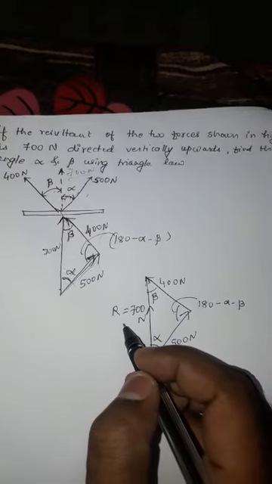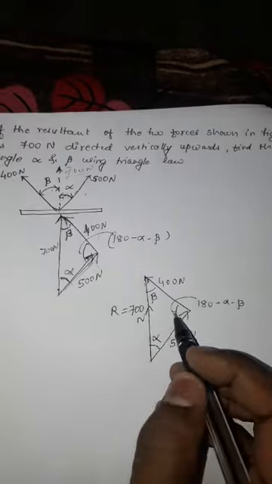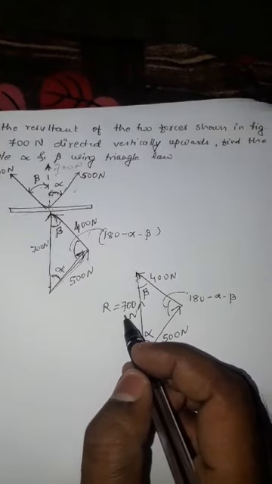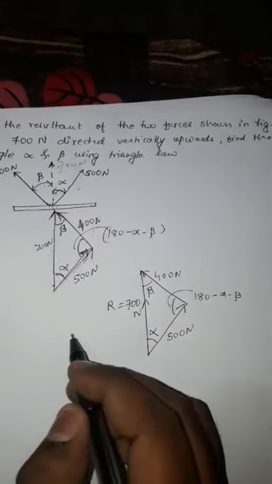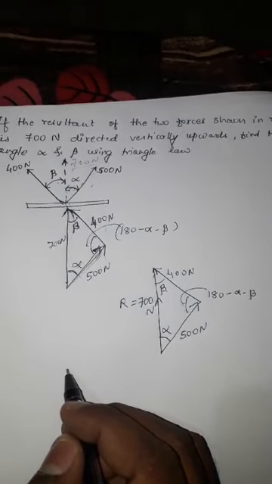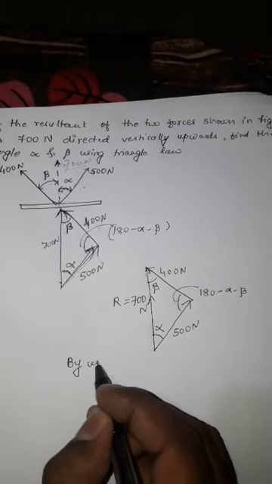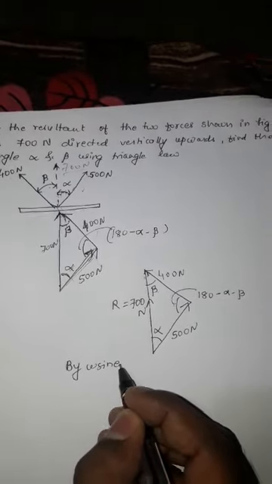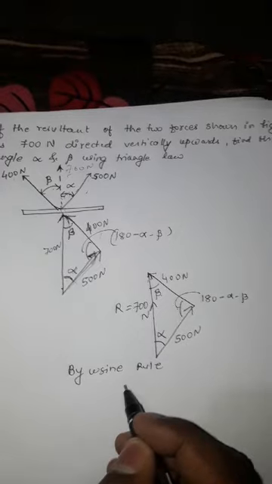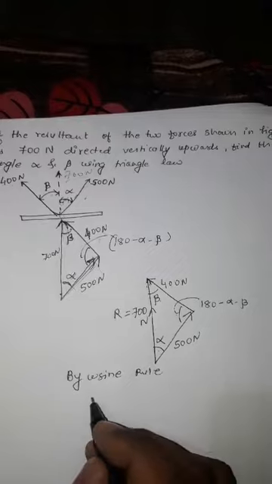Now what you have to do in the numerical is calculate the angle alpha and beta. For that I am going to apply the cosine rule, or you can use the sine rule also here. So I am applying the cosine rule. By cosine rule, I am initially applying it for cos alpha.